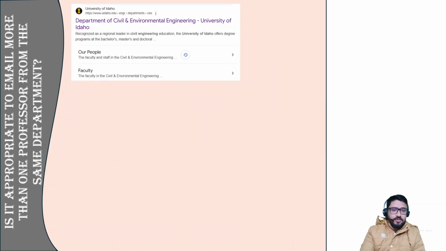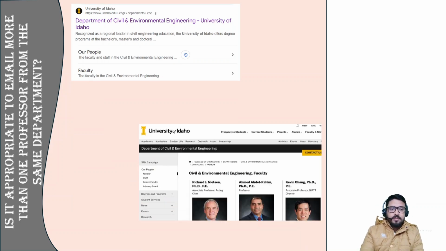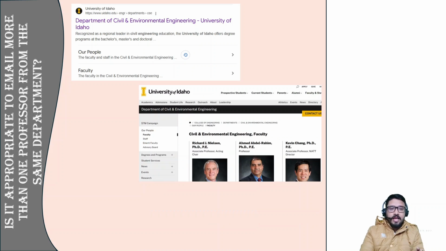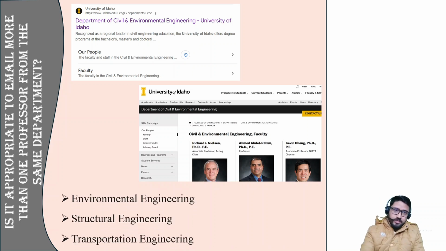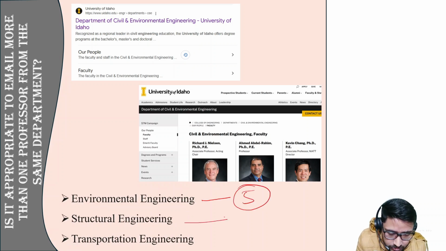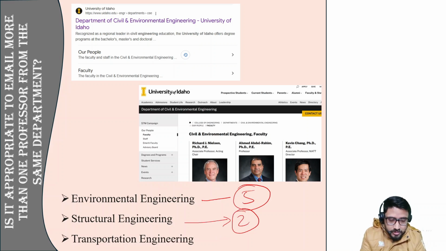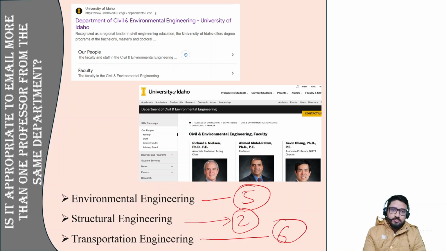You can see in the figure that there is a Department of Civil and Environmental Engineering. If you see the faculty members this way and search by different areas, in a department there may be different professors working in different subjects. In this case, let's suppose there are 5 professors working in environmental engineering, 2 in structural engineering, and 6 in transportation engineering.